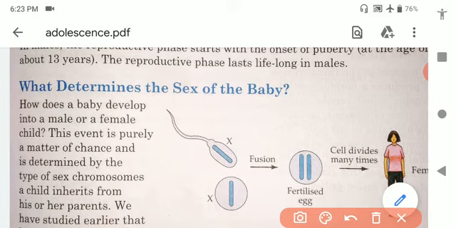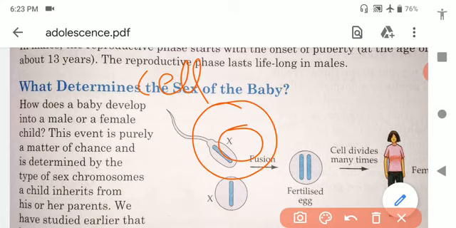First of all, do you know, in our first chapter, the chapter Cell, I have already explained to you that inside the nucleus there are 46 chromosomes, either in the male or the female.